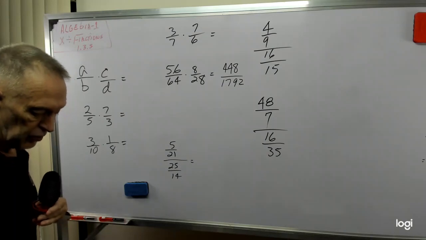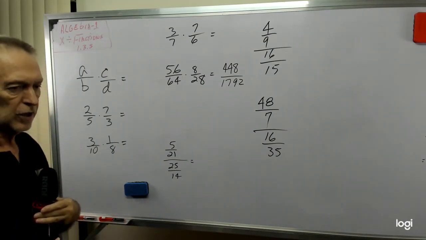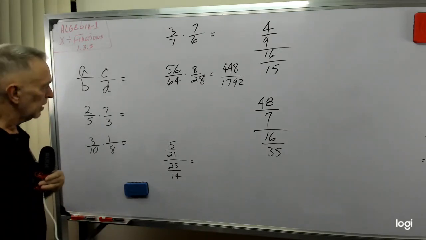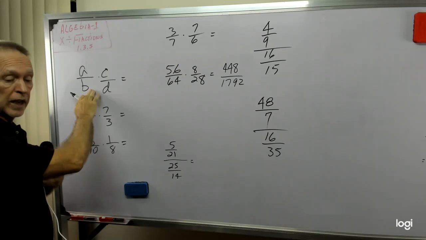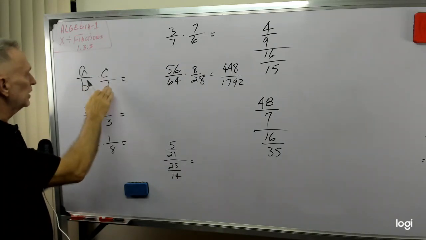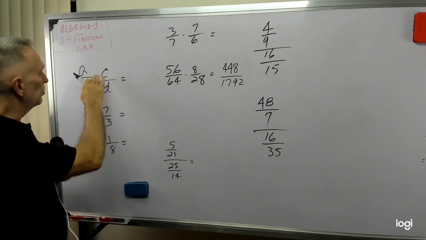Okay, we just put a video out in general about fractions, so you may want to review that. But as you know, when you have a fraction, say A over B times C over D, you're simply multiplying the numerators.